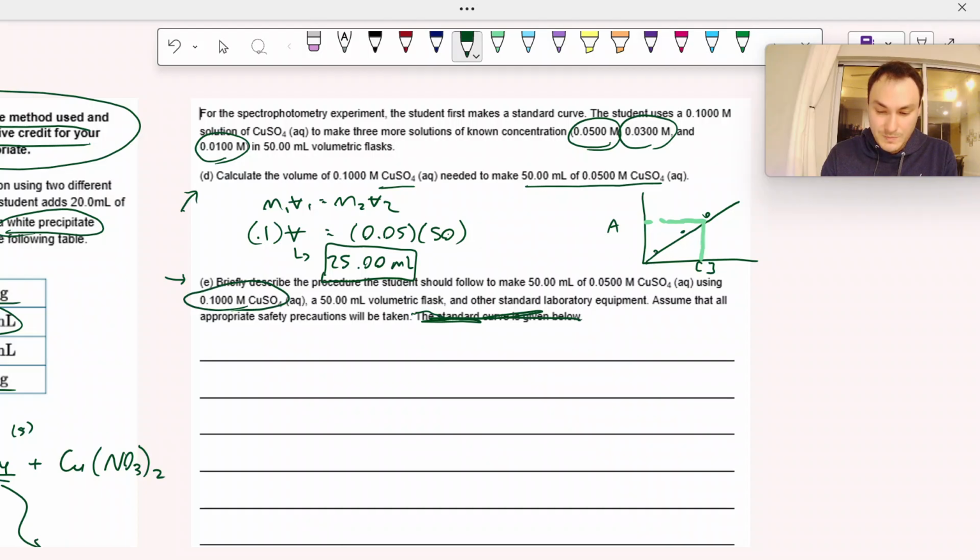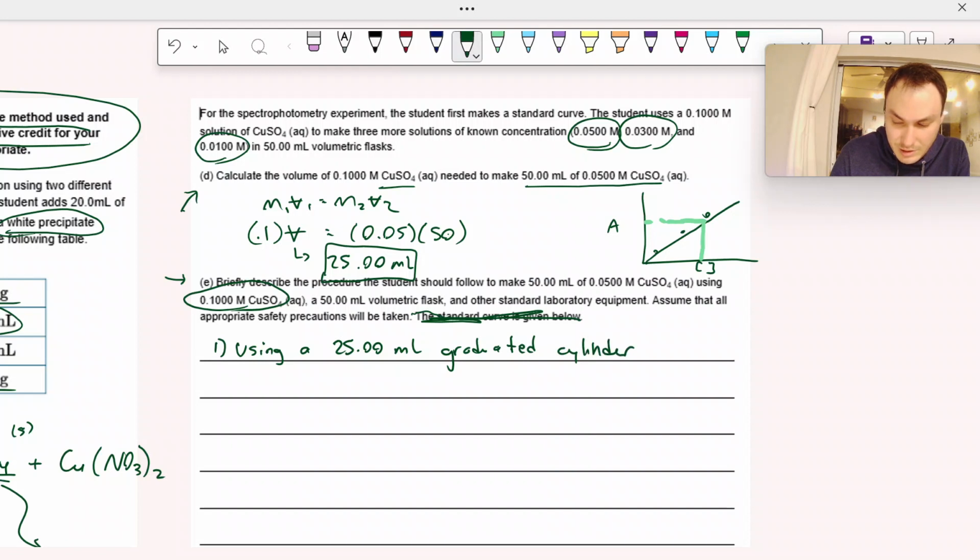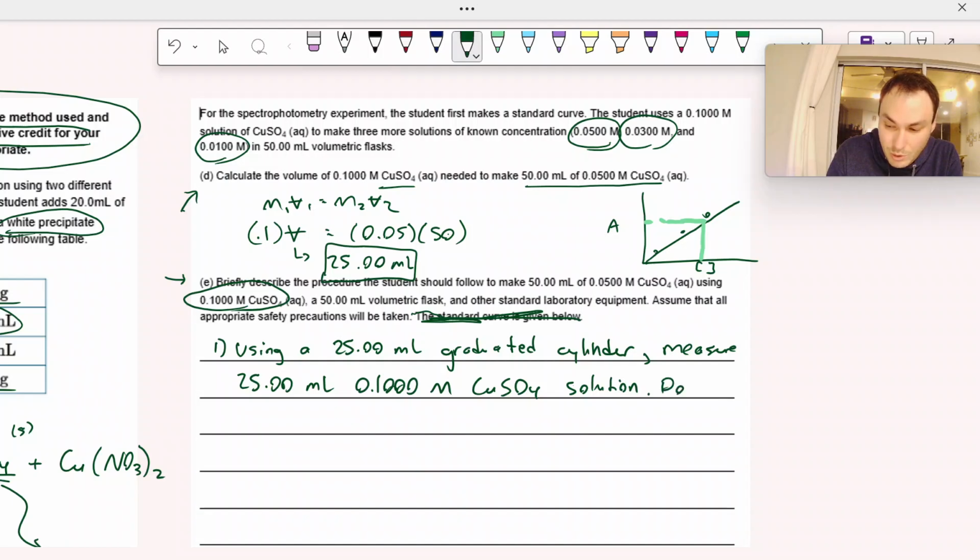So first thing we're going to do is, I'm going to say, using a 25 milliliter graduated cylinder, measure 25 milliliters of the 0.1000 molar copper 2 sulfate solution, and then pour that into a 50.00 milliliter volumetric flask.